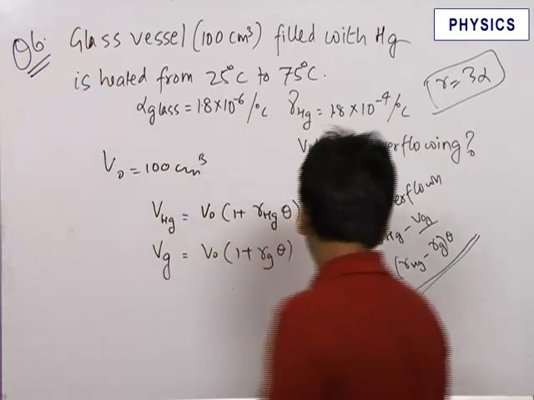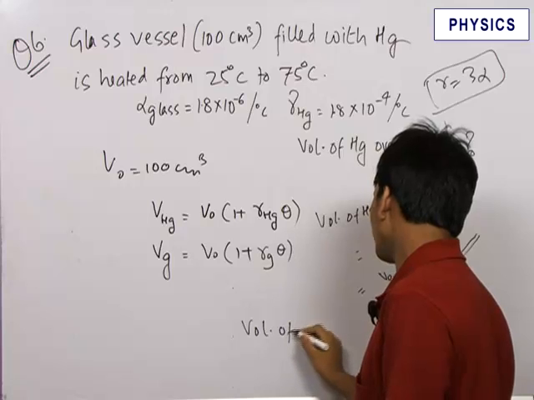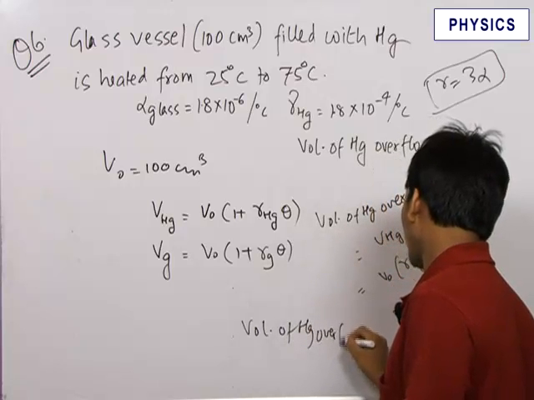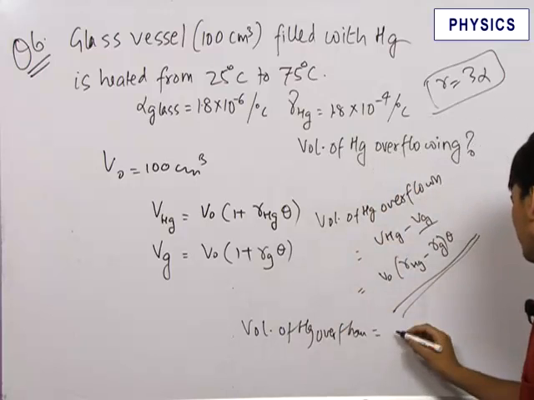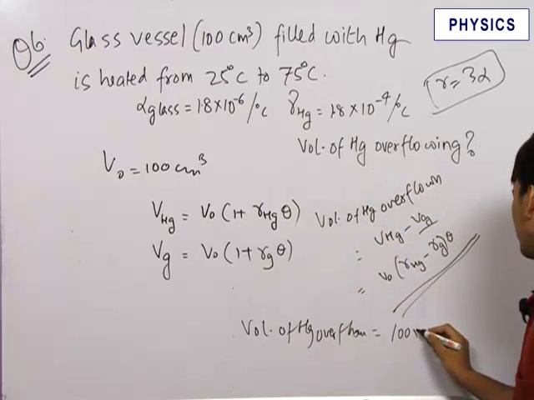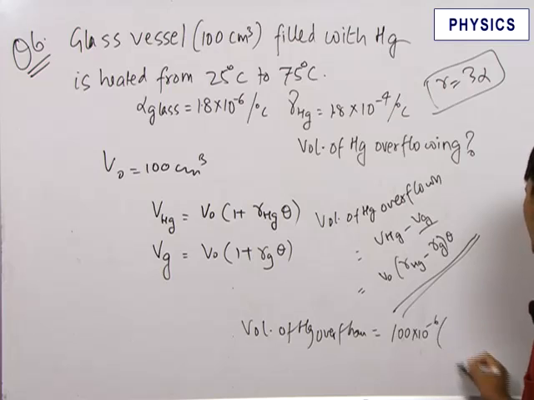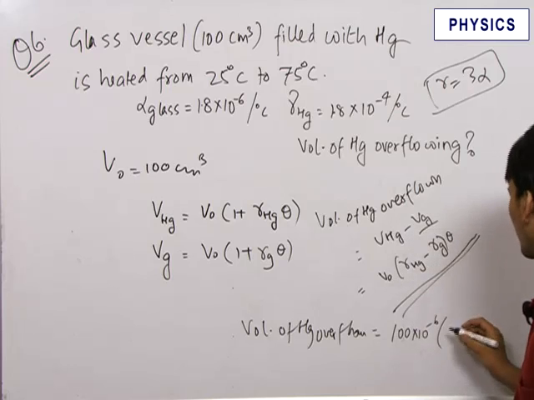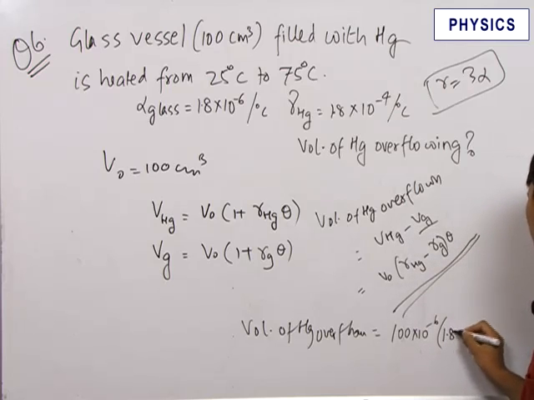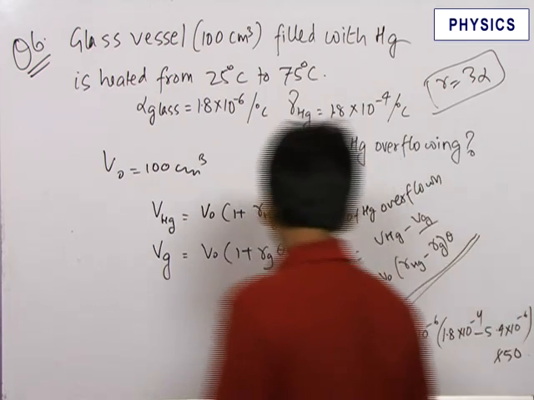By filling in the values over here, we get the volume of mercury overflown is equal to V0, that is 100 into 10 raised to the minus 6, into gamma Hg minus gamma of glass, that is 1.8 into 10 raised to the minus 4 minus 5.4 into 10 raised to the minus 6, into delta theta, that is equal to 50, into 50.